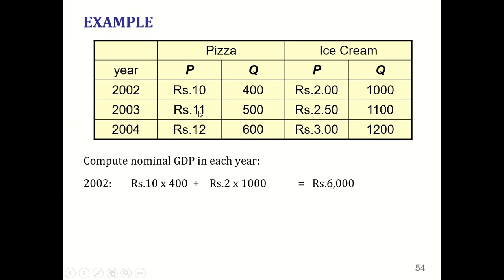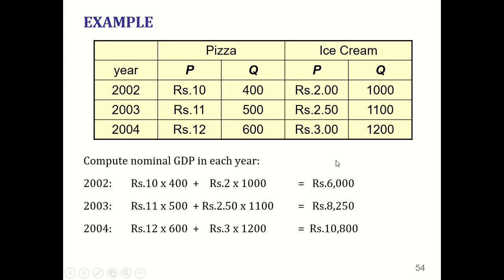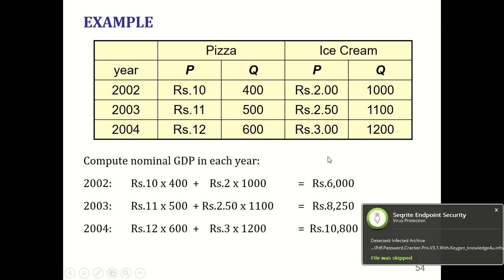Whereas for 2003 it would be 11 into 500 plus 2.5 into 1100. And for 2004 it will be 12 into 600 plus 3 into 1200. So the nominal GDPs are 6,000, 8,250 and 10,800.